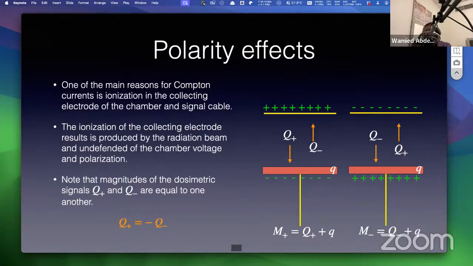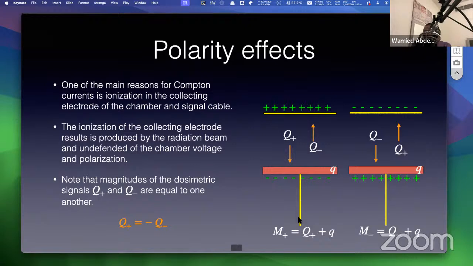So when we have this, what is the signal that we're going to measure? Imagine this is a positive polarity, then the negative charges are going to be attracted there, and the positive charges of the ions are going to be attracted towards the collecting electrode.